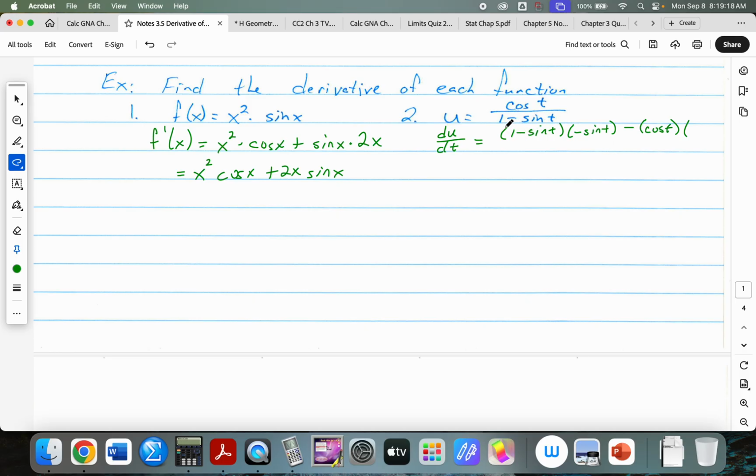Well, the derivative of the 1 is 0 minus the derivative of sine, which is cosine, so that's minus cosine t.